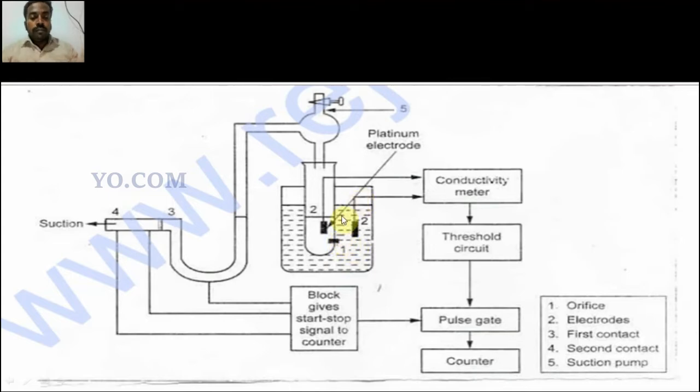So the electric conduction depends on the flow of solution from this diluted blood to inside this glass tube. The conductivity depends on the flow. So the platelets or some blood cells flowing through this orifice disturb the conductivity.